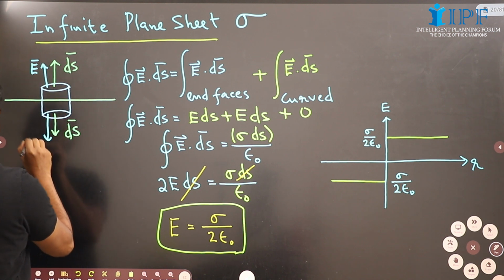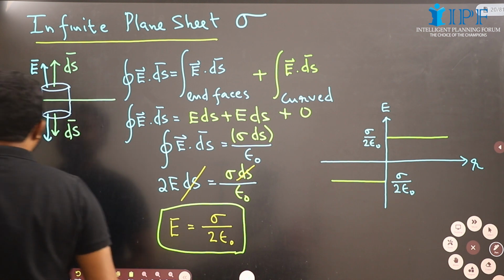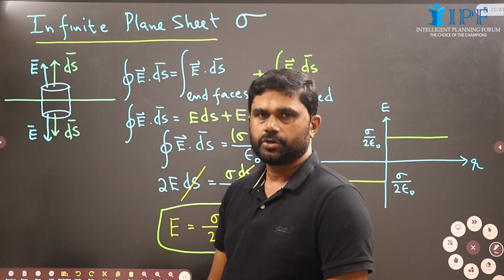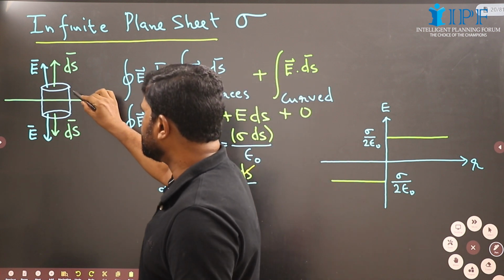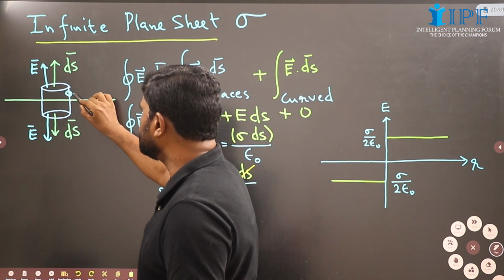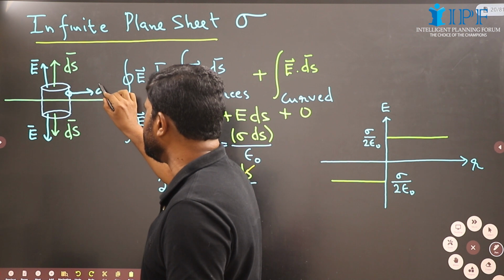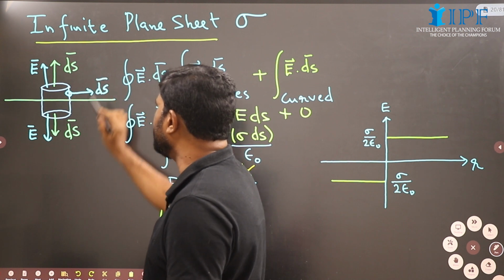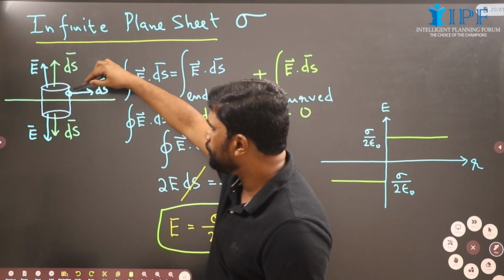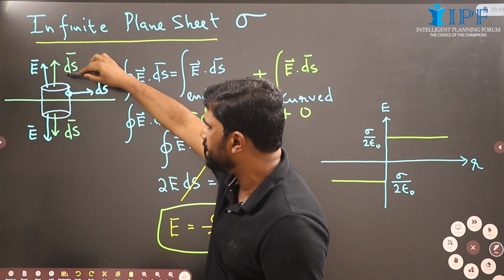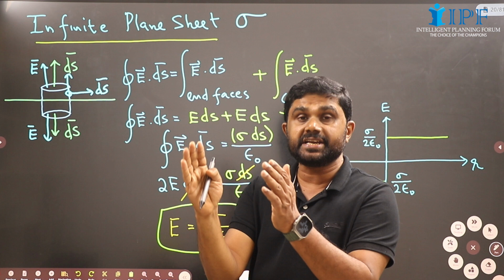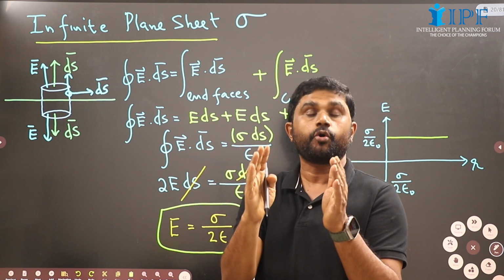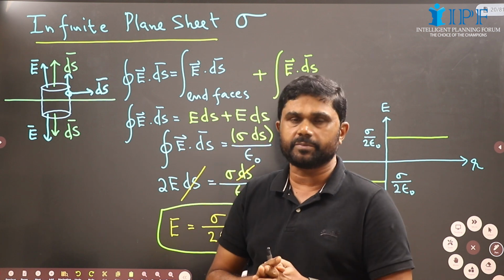Over the curved surface, this is the direction of dS, the elementary area, and this is the direction of E. So vector E and vector dS are perpendicular over the curved surface, so E dot dS will be 0.